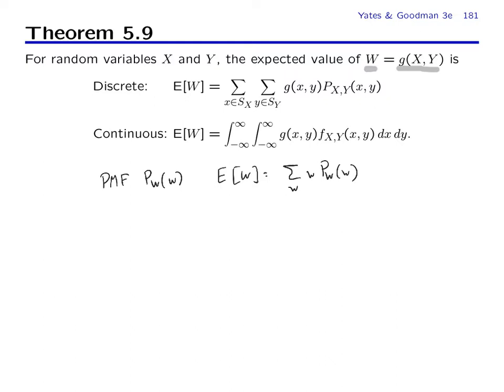And in the continuous case, we have a density function, f_W of w, and an expected value, which is the integral over all possible values of w times its density.